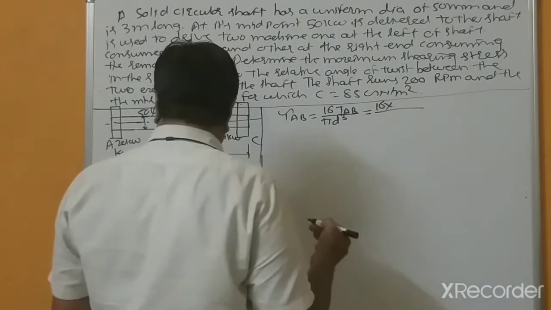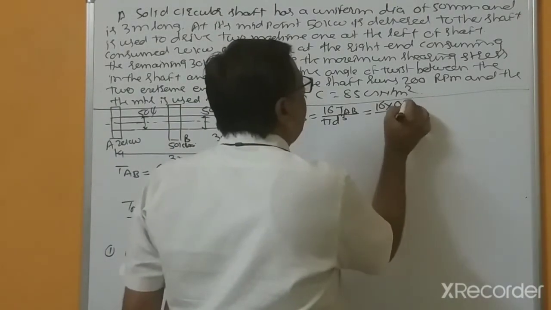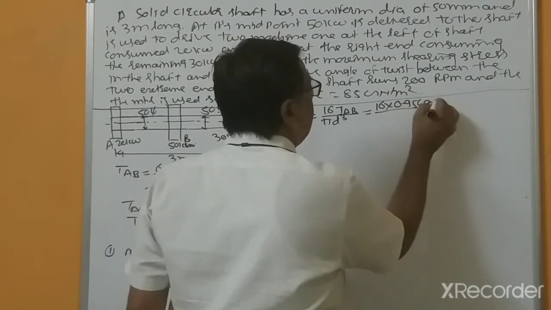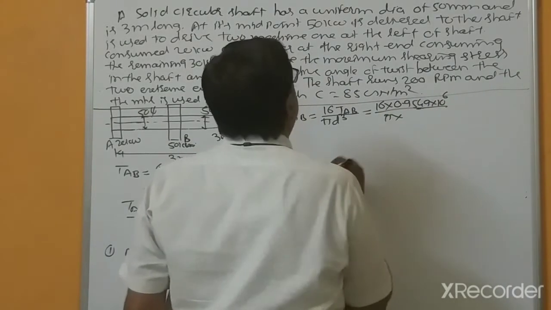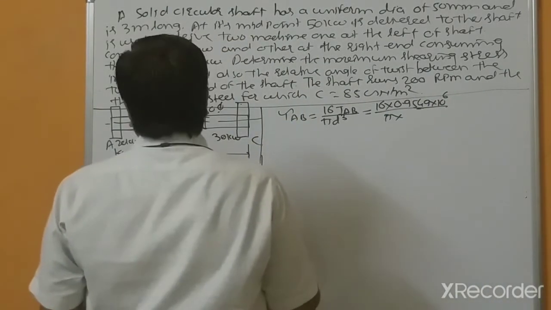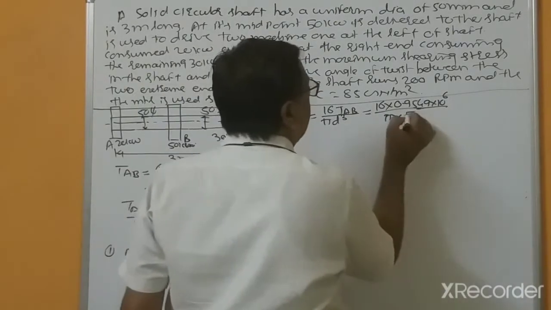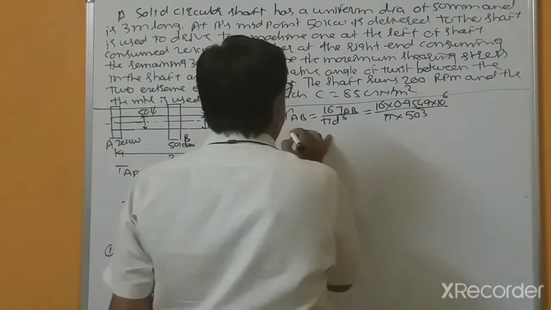For AB, this is 0.9549 into 10 to the power 6 with d equal to 50, cube.